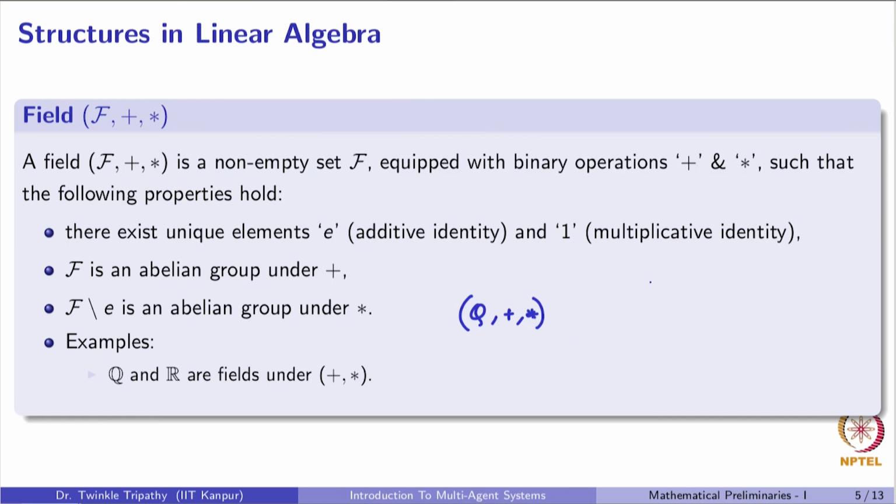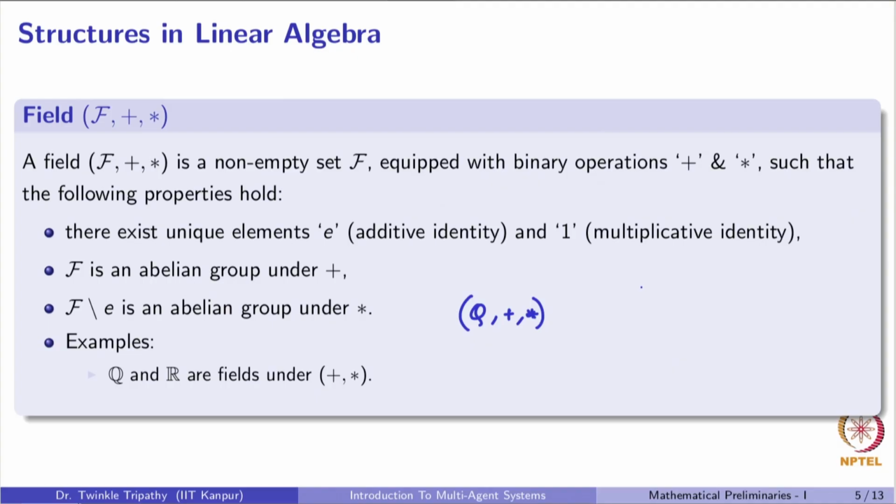So, in general in a question, when somebody asks us whether something is a group or a ring or a field, what do we need to do? We need to go and check all of the basic properties which we discussed in the beginning: closure, associativity, then the existence of the unique elements.